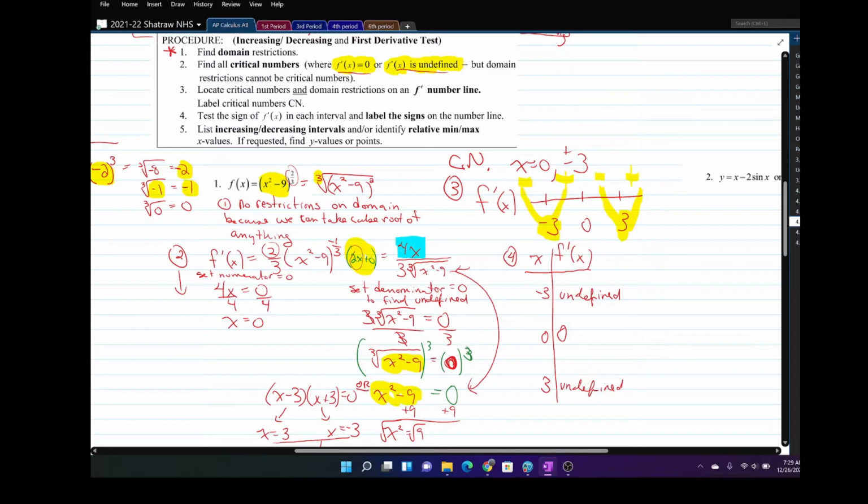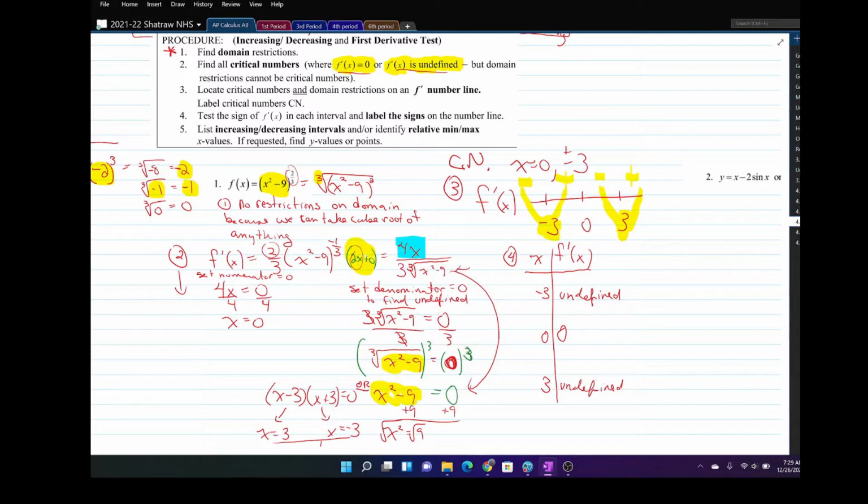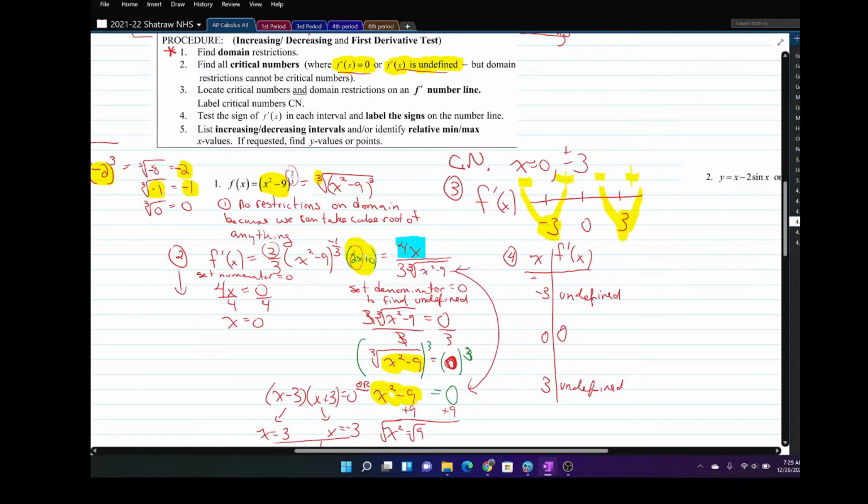But before I do, I wanted to mention then that in order for me to know what the derivative is, I can't check at negative 3. I need to check somewhere nearby to negative 3. So, for example, negative 4 would work. And then I need to check something in between negative 3 and 0, and I'm just going to pick negative 1. Then I need to check something in between 0 and 1, so I'm going to pick a 1.